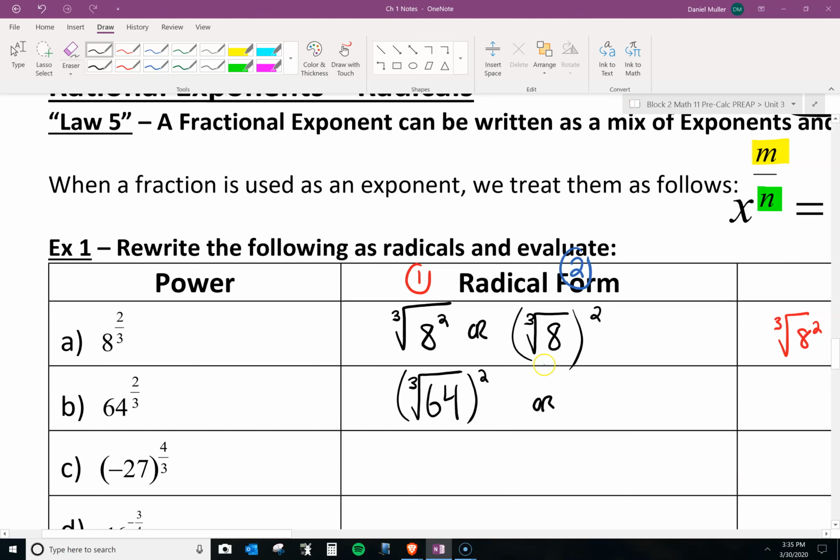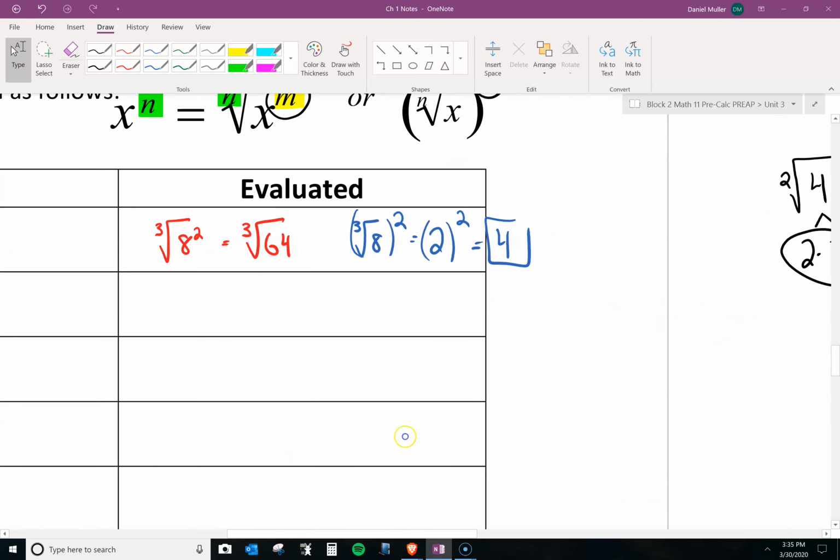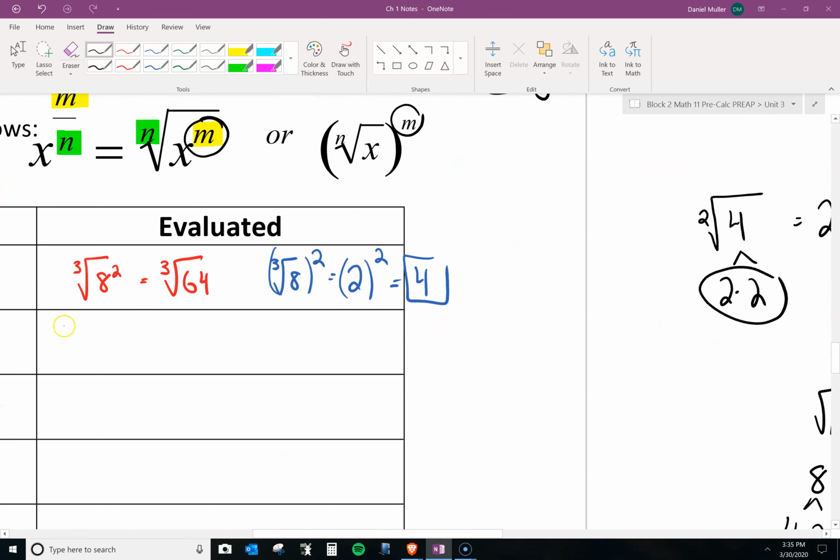Now, I don't actually know what the cube root of 64 is, so maybe off to the side. Well, first I'll write it: the cube root of 64 squared. So I'll write off to the side here, the cube root of 64. Well, that is 2 and 32. 32 is 8 times 4.